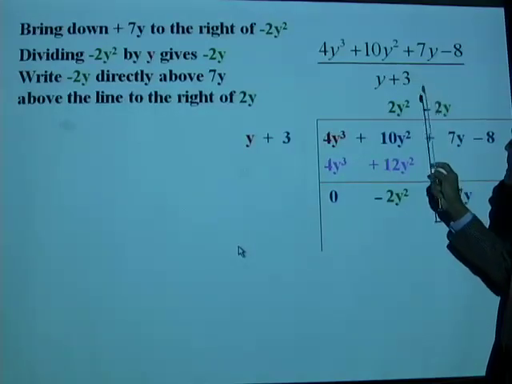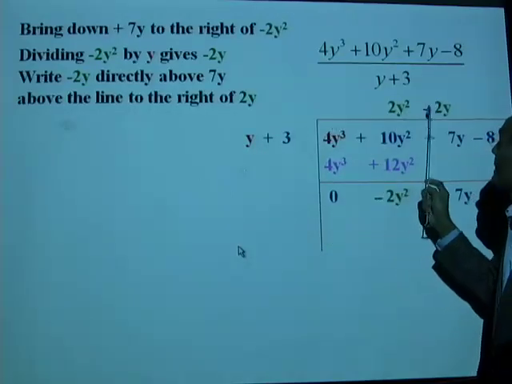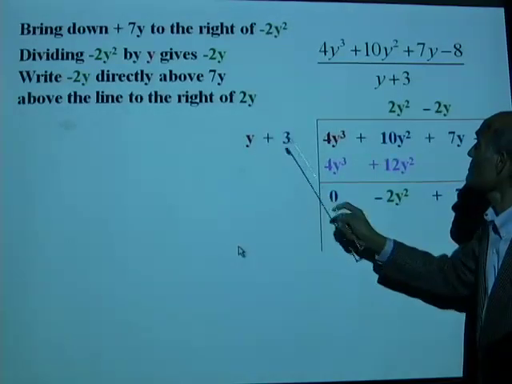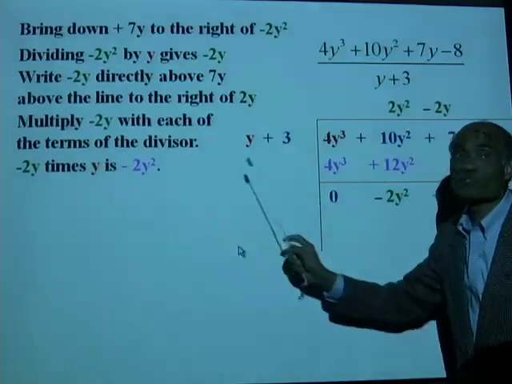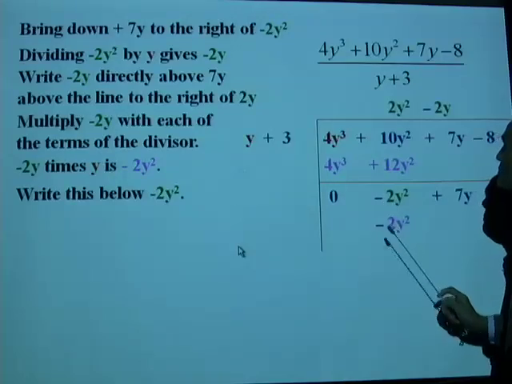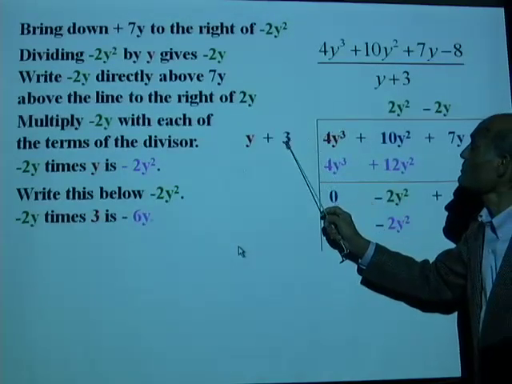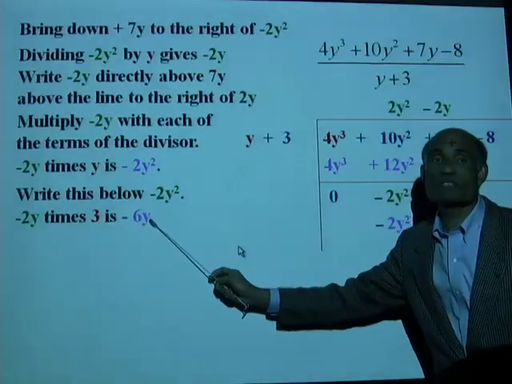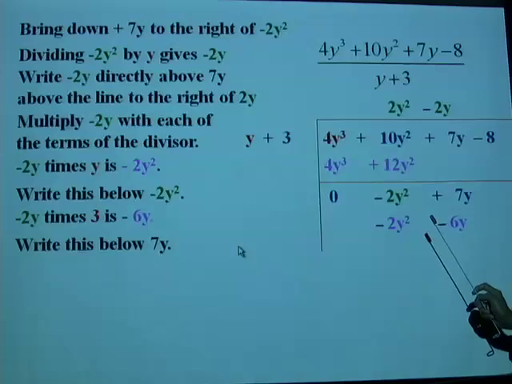And now multiply that negative 2y with each of these terms. Negative 2y times y is negative 2y squared, and write it below the negative 2y squared. Negative 2y times 3 is negative 6y, and write it below 7y.